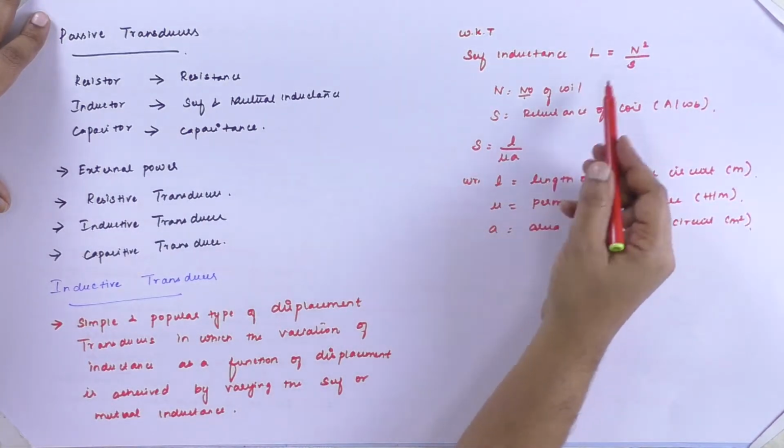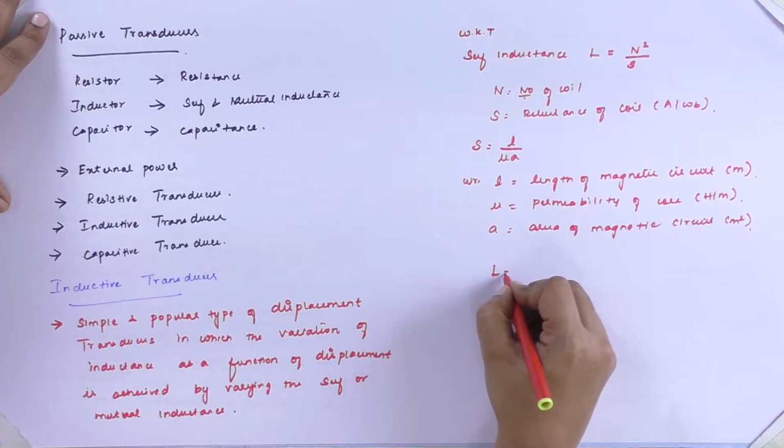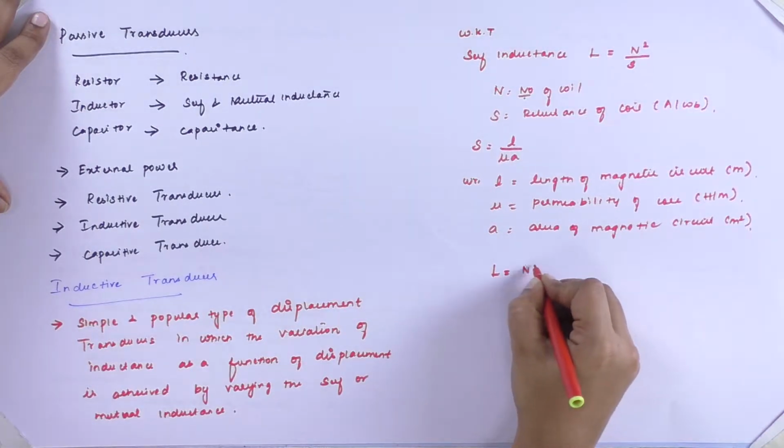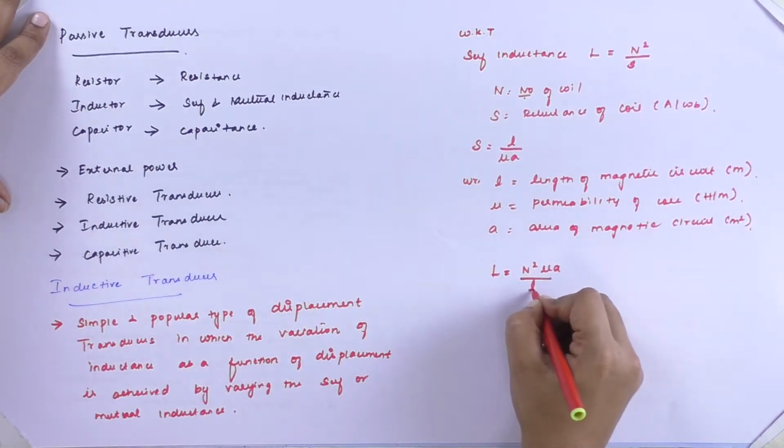Now if you substitute the value of reluctance in this self inductance L, you get L is equal to N square mu A divided by l.